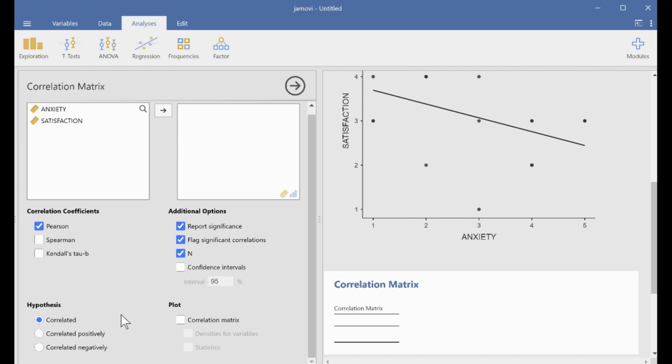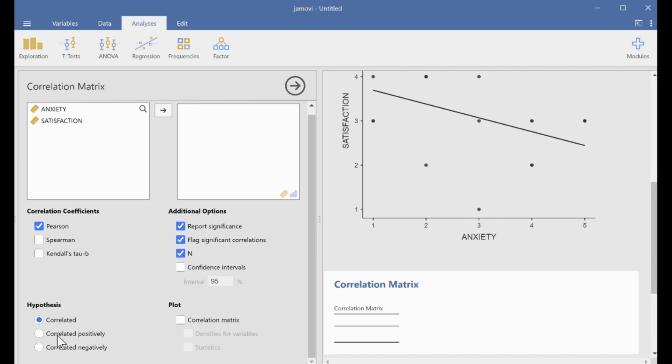Now, we also want to consider what is our hypothesis here. What do we actually think? Do we think that high anxiety would cause low satisfaction? Do we think that high anxiety will cause high satisfaction when you complete a task? In this particular case, I'm not really sure what the relationship between anxiety and satisfaction is, so I'm going to leave it just as correlated.